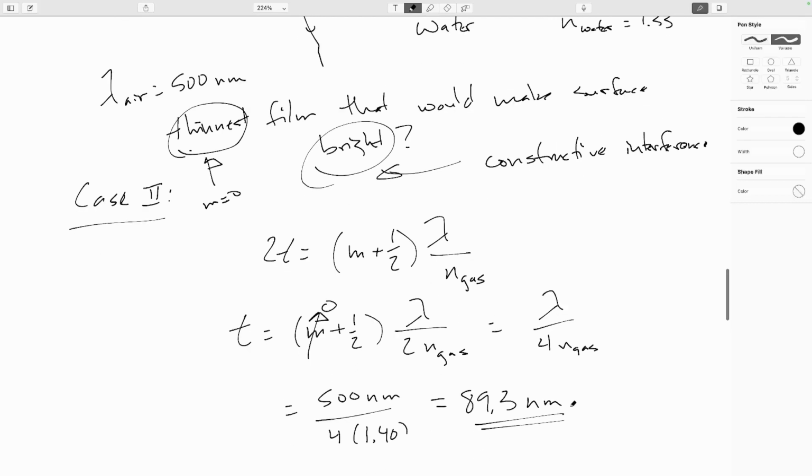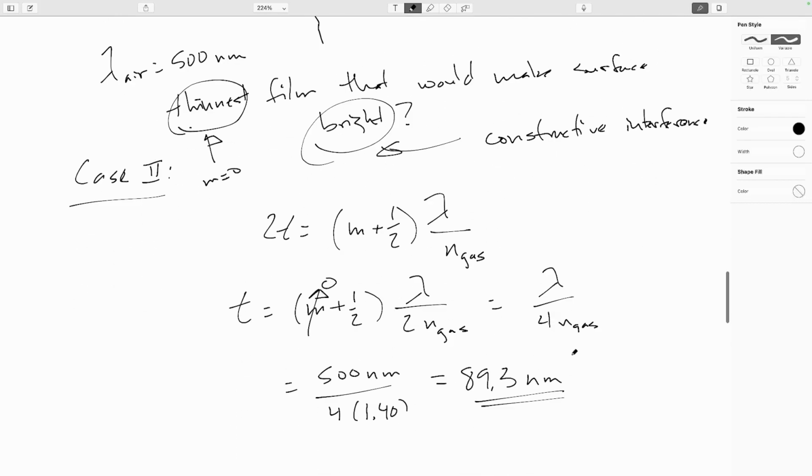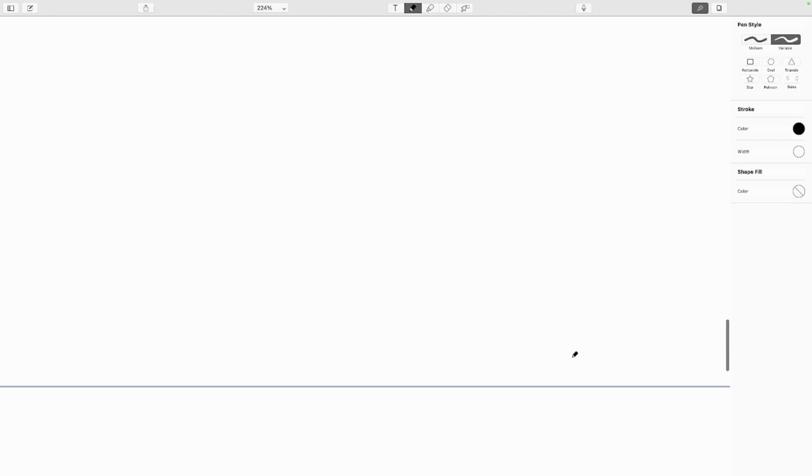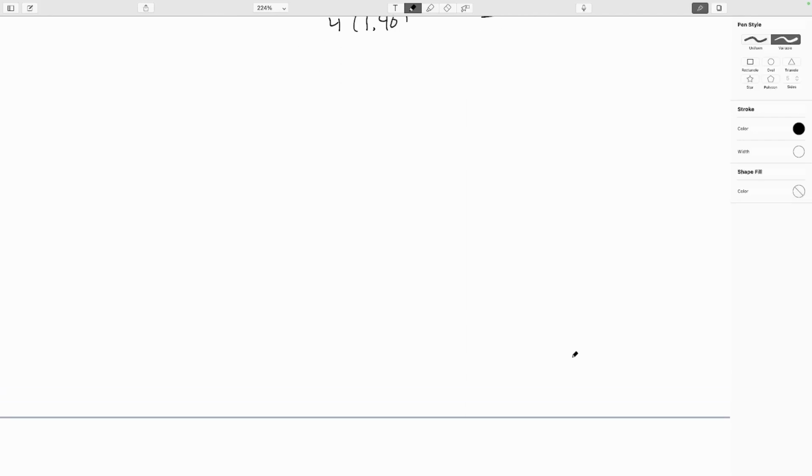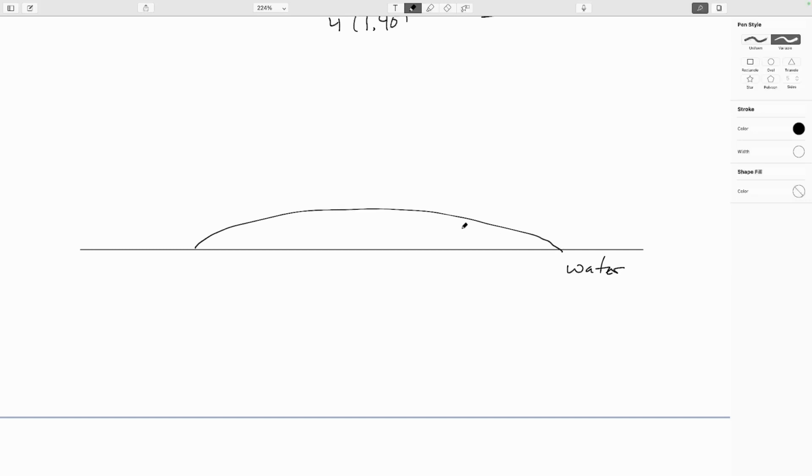All right, so just one last note here about the oil slick in the parking lot. When you look at it, you normally see a whole array of colors, not just a single color. And why is that? That's because the gasoline just kind of pools like this. So what this means is that the thickness is continuously varying.